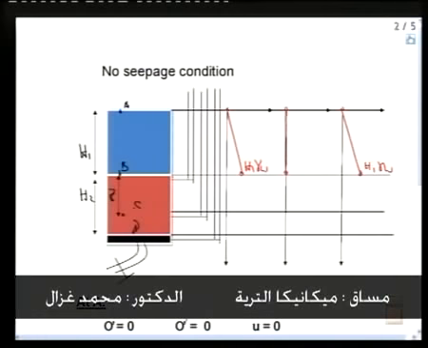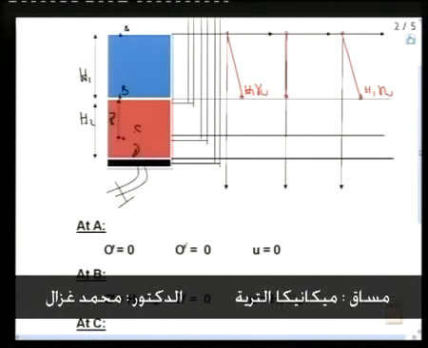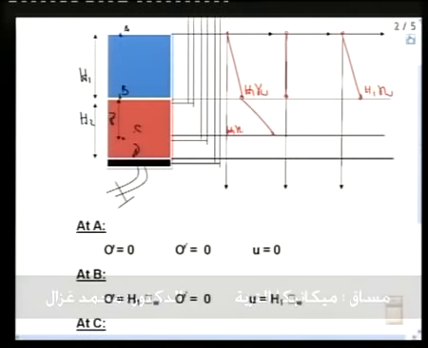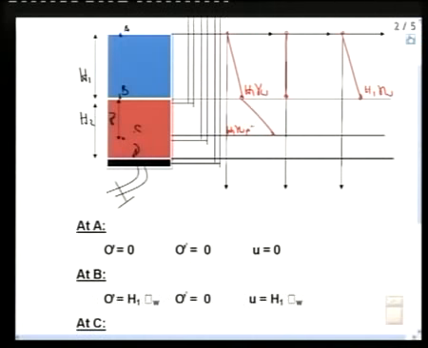Now, when we continued, we have here H1 gamma water plus Z gamma saturated. Here we have H1 plus Z gamma water. And by subtraction, we did this arithmetically, we found that this will be equal to Z gamma prime, gamma effective.